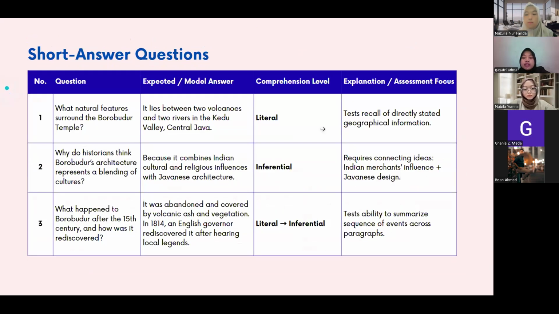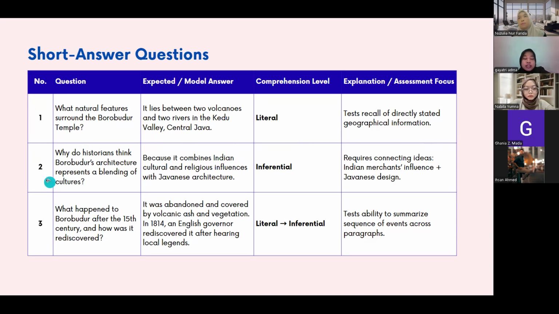The first one is an example for assessing the literal comprehension level, like what natural features surround Borobudur Temple. It's expected that the students can answer it lies between two volcanoes and two rivers in Kedu Valley, Central Java. The task is to recall directly stated geographical information in the text.